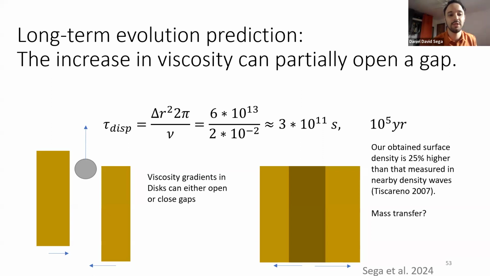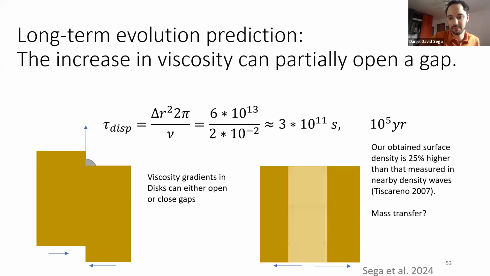And a consequence of this could be that material is being transported radially outwards from the bending wave. Normally, particularly in planet formation, we think about viscosity as something that closes gaps. But if you have this type of radial gradient, you can have this radial transport happening, and you can have gaps being partially open.